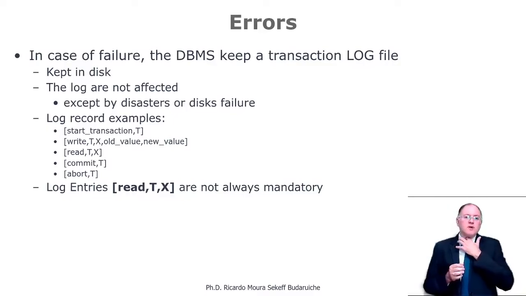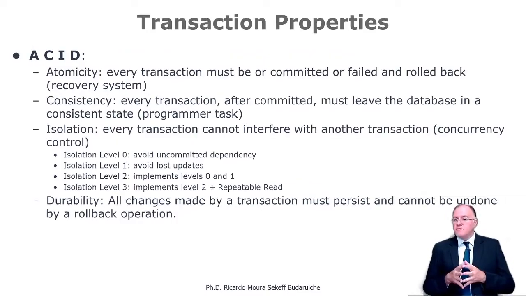To allow the concurrency control to manage the transactions, some properties must be guaranteed for the transactions. These properties are called ACID properties. The first one is atomicity, which says that each transaction must be processed as a unit operation.